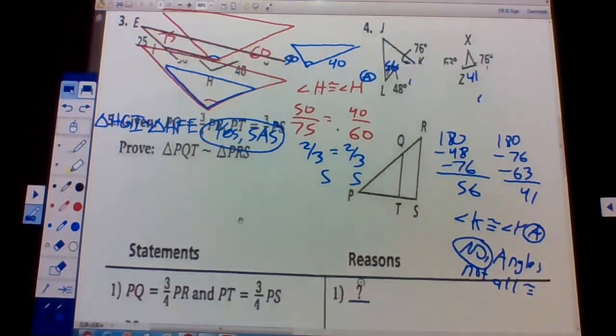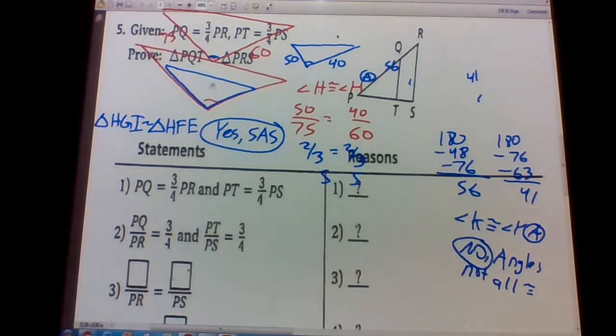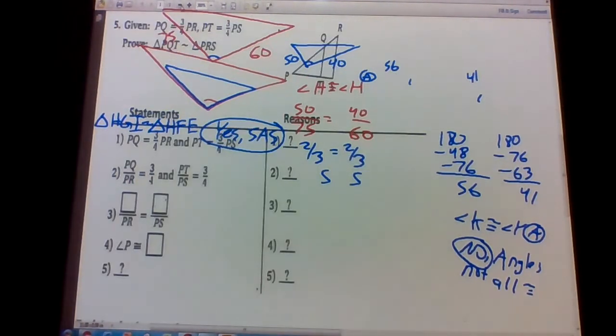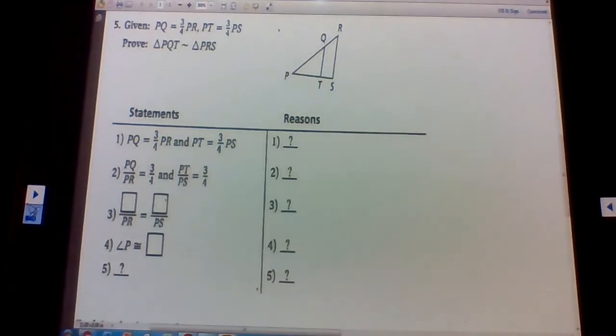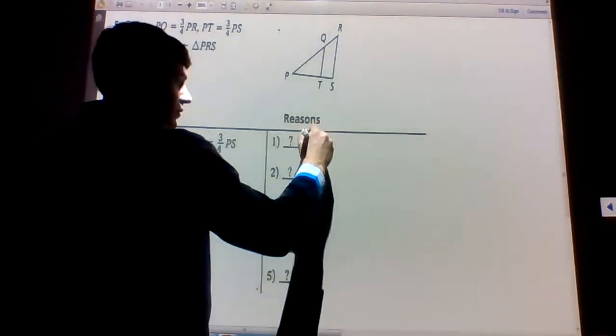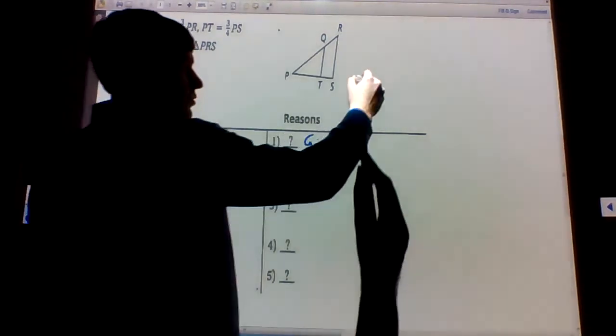Okay, number 5. They help us out a little bit. First step in any proof is you're given. It helps to redraw these triangles, so I'm going to redraw two separate triangles.